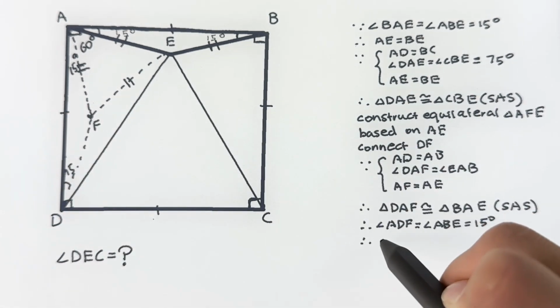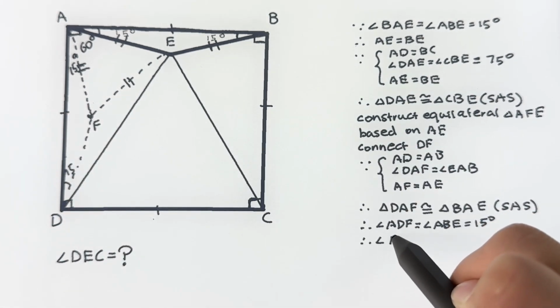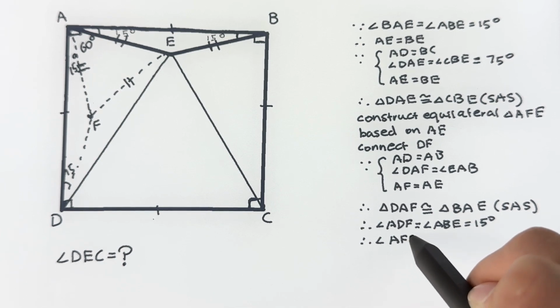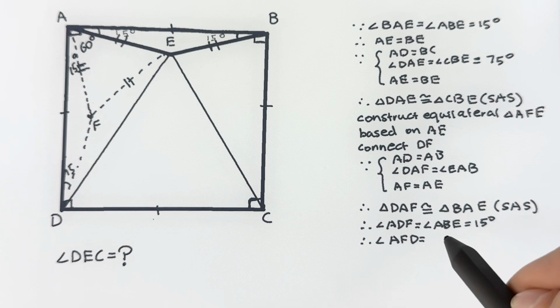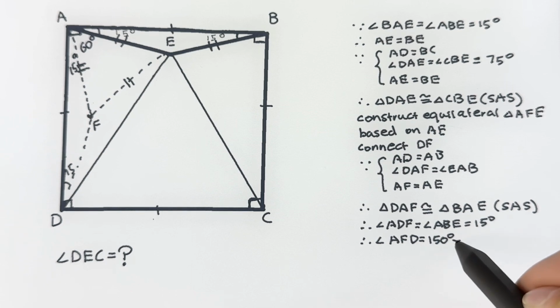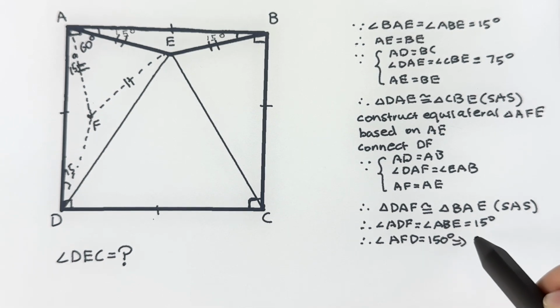So angle AFD equals 180 degrees minus 15 minus 15, which is 150 degrees, which will give us angle EFD.